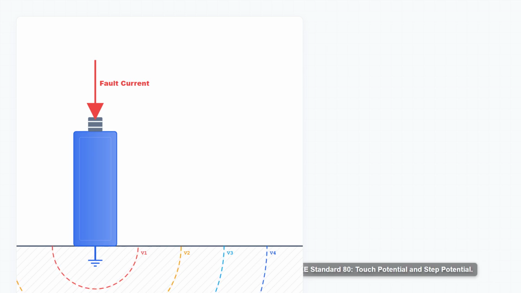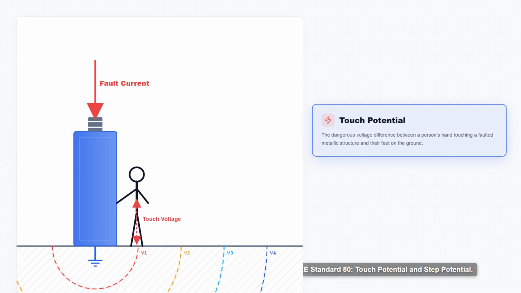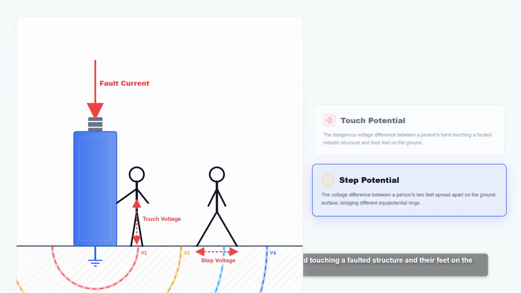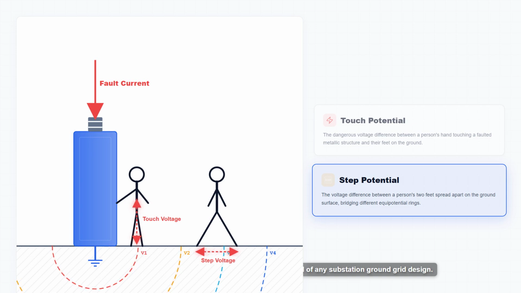This steep gradient introduces two critical life safety hazards defined by IEEE Standard 80: touch potential and step potential. Touch potential is the dangerous voltage difference between a person's hand touching a faulted structure and their feet on the surface. Step potential is the voltage difference between a person's two feet spread apart on the ground, bridging two different equipotential rings. Mitigating these lethal potentials is the primary engineering goal of any substation ground grid design.